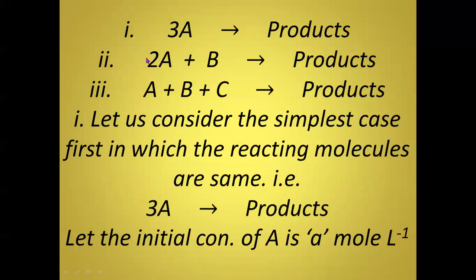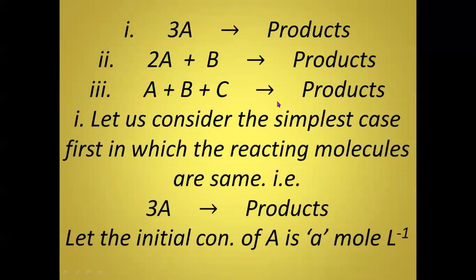In second case, we have two reactants A and B which produce product in which two molecules of A and one molecule of B are involved. In the third case, all three molecules are of different reactants A, B, and C, which produce product.